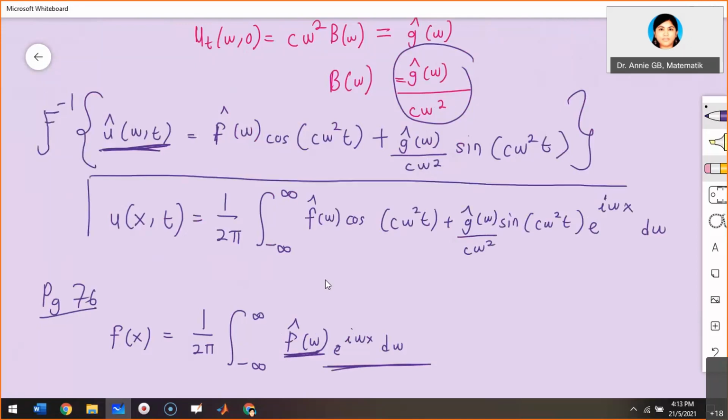Okay, do not solve this integral. Jangan solve, sebab kita tak tahu apa dia f hat, kita tak tahu apa dia g hat. Just leave your solution like this.